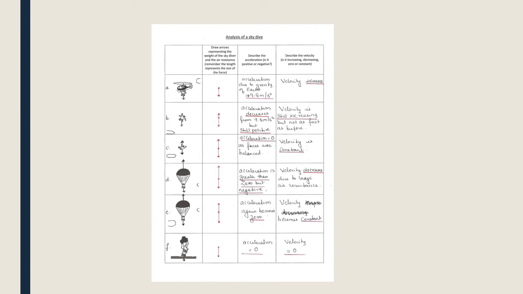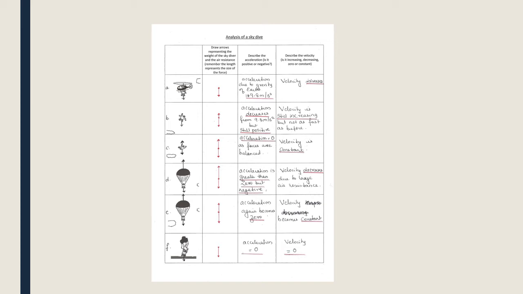In B, it is the weight minus the air resistance. So the resultant force will decrease, and because of that, the acceleration will also decrease. The acceleration will not be 9.8 or 10 meters per second squared anymore, but its value will still be positive.